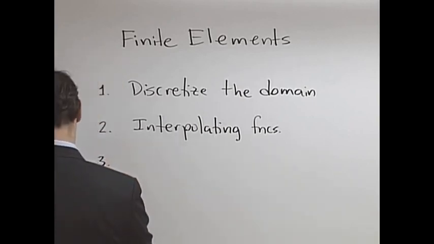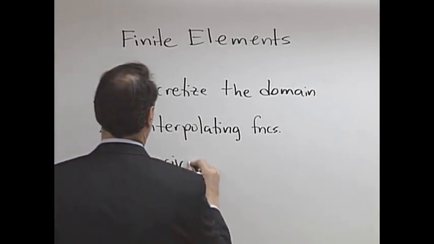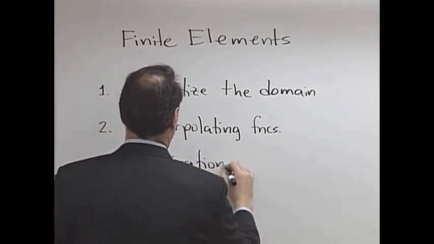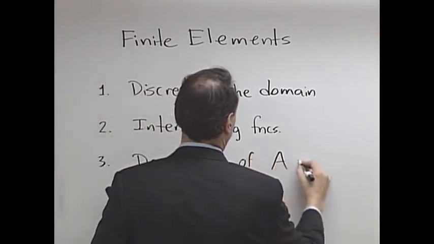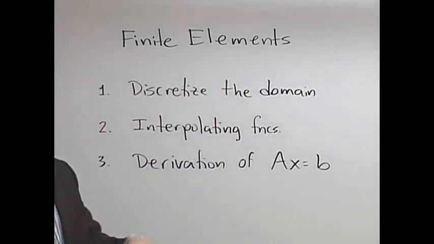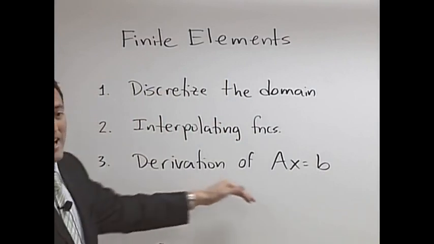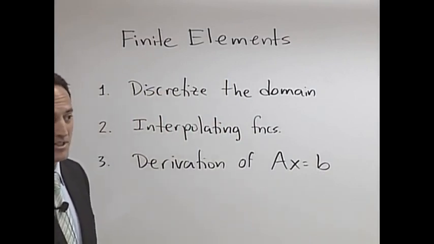Step 3. Let's just leave it at that. We discretize, we build interpolating functions. What's the Ax equals b problem sitting in there? Remember, it's always going to come down to that.